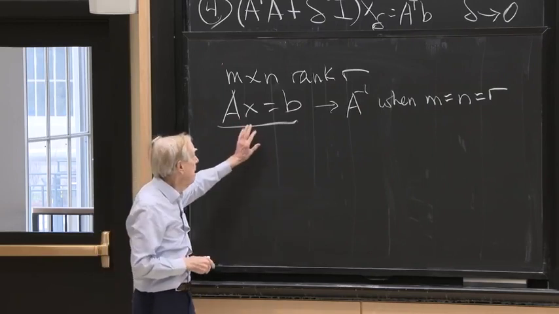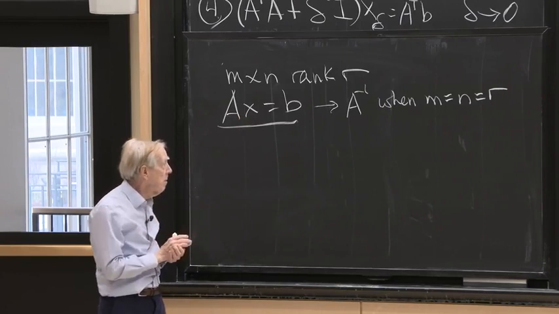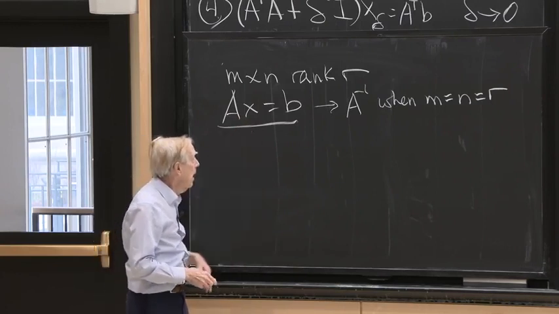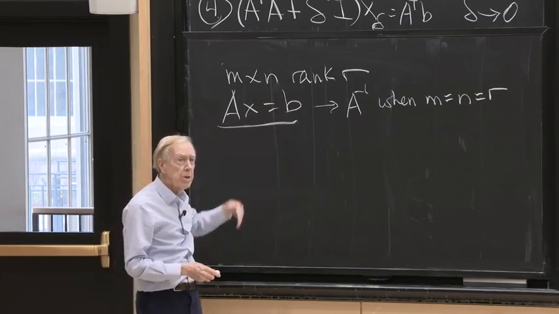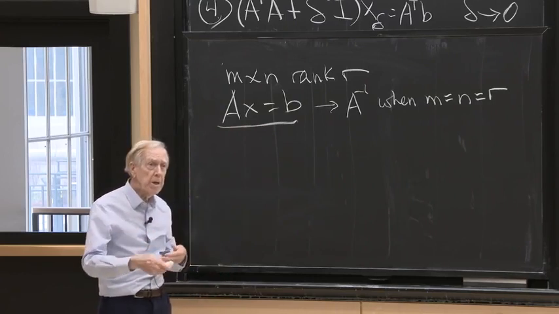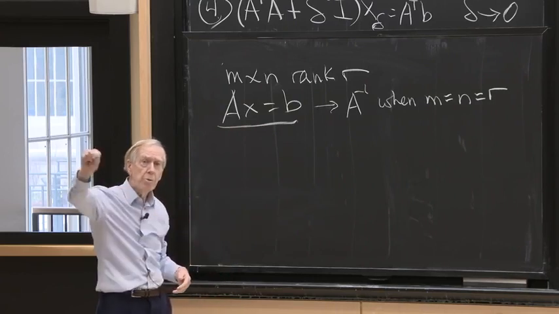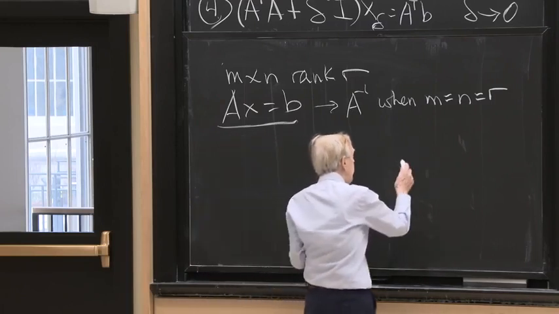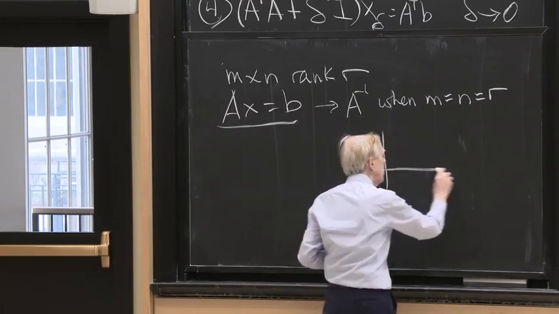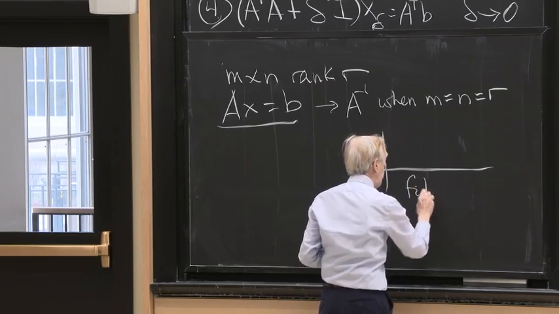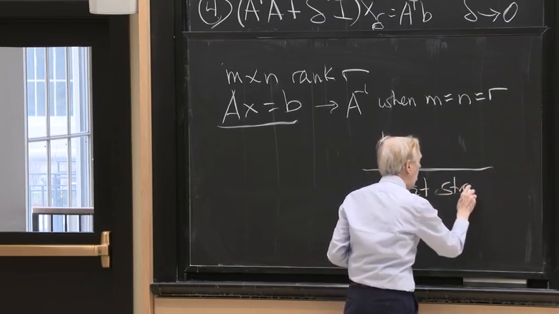Maybe the case everybody knows is where this equation is like expressing a straight line going through the data points. So the famous example of least squares is fit a straight line.